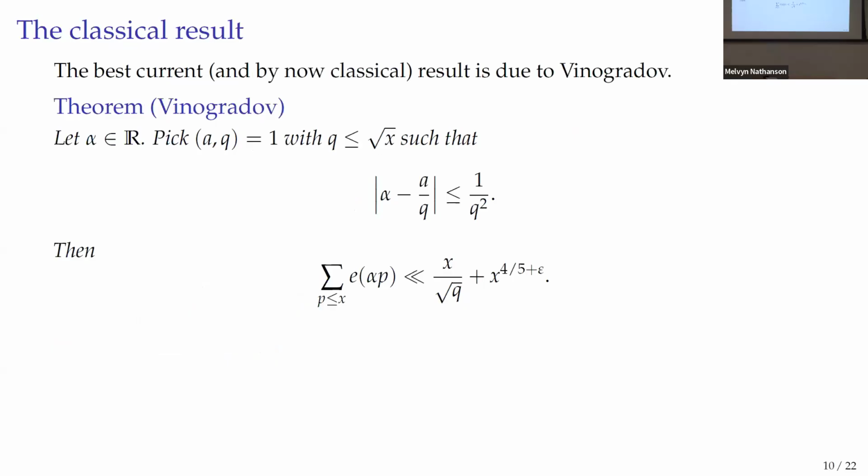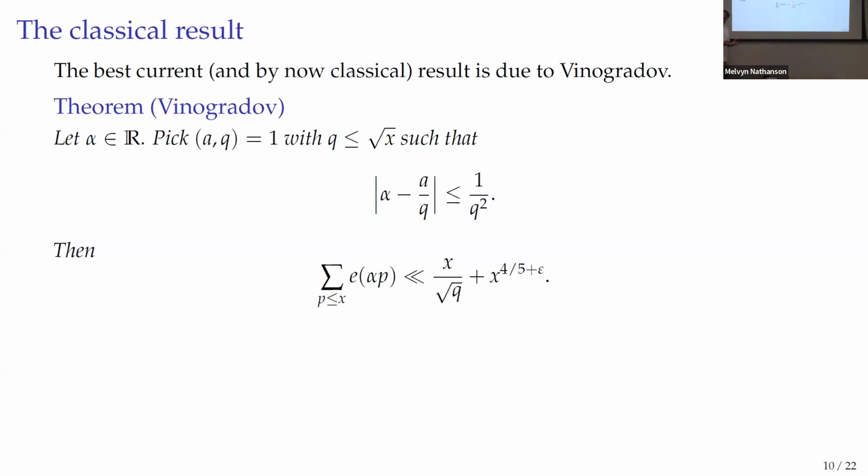And here is actually what can be shown. So what we can show is a little bit worse, but I think it's not terrible. Instead of x over q, we have x over square root q. And instead of x to the 1/2, we get x to the 4/5. And I call this a success, because it's a power saving and roughly the correct shape of things.